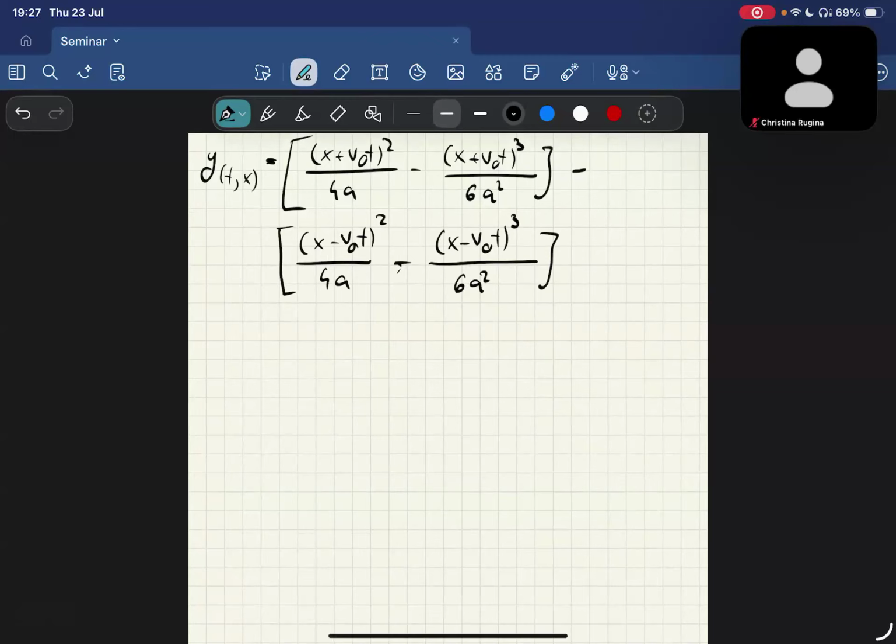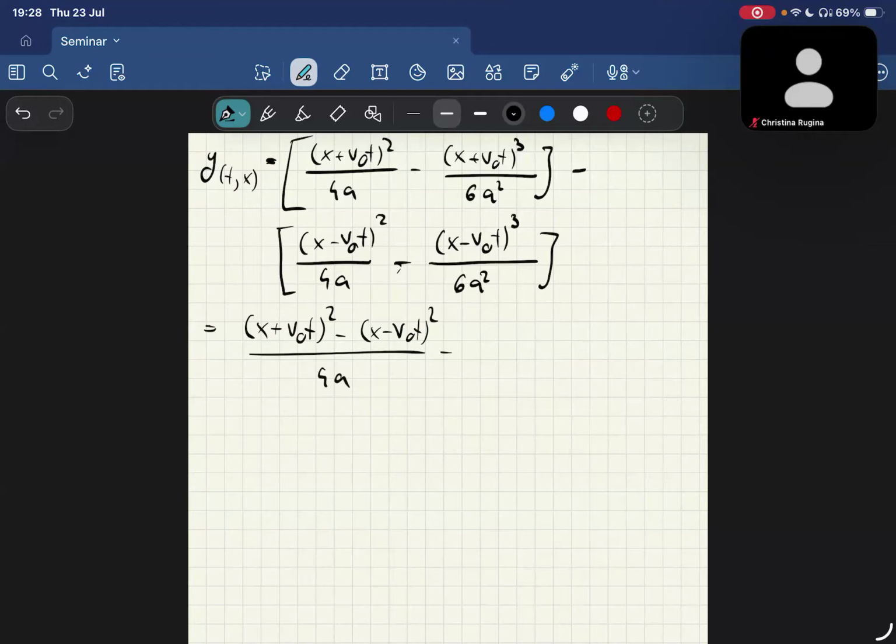So we remember that, actually, let's first group them together so it's more visible what I'm trying to show. x plus v0t squared minus x minus v0t squared over 4a, minus x plus v0t to the third power minus x minus v0t to the third power over 6a squared.